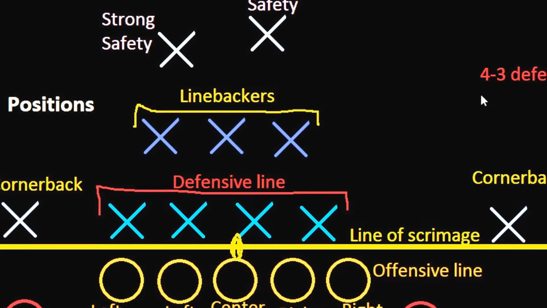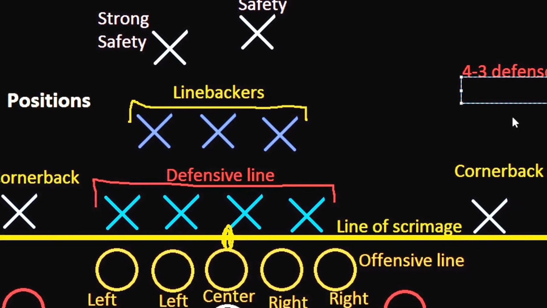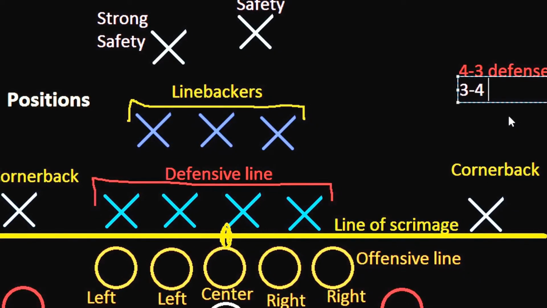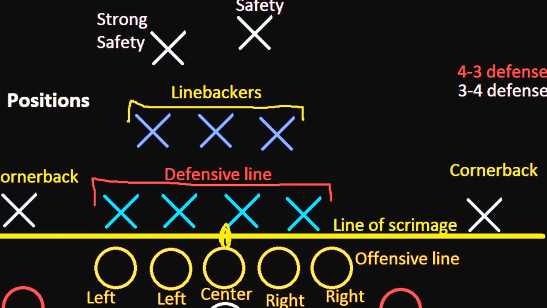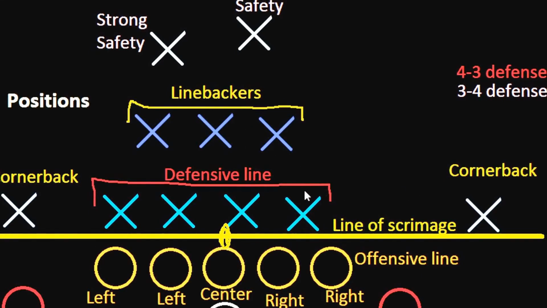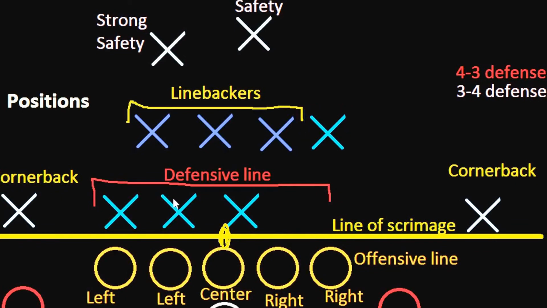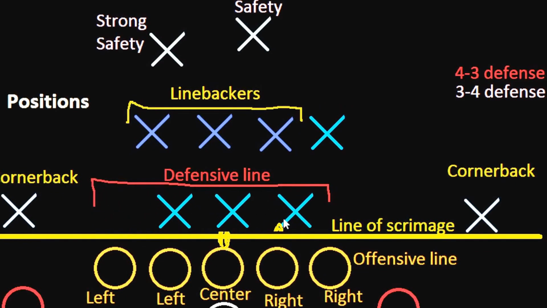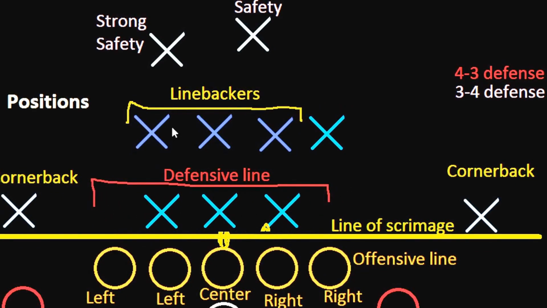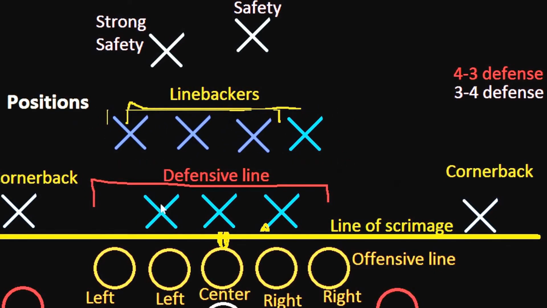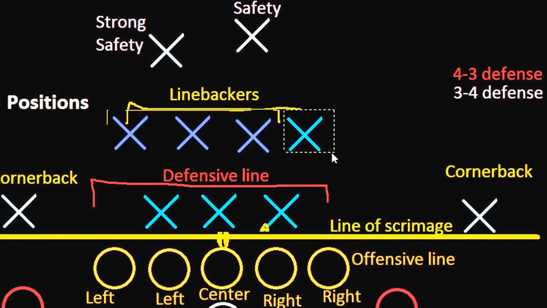The other common way that you might see guys line up instead of a 4-3 is a 3-4 defense, which would simply mean that one of the linemen will actually move back, and so you will have then 3 linemen, and they would move over in the middle there, and then you would have 4 linebackers, so that would be the 3-4 defense then.